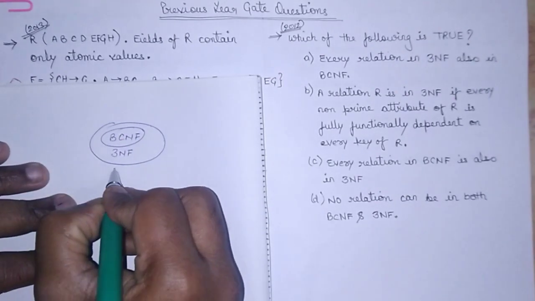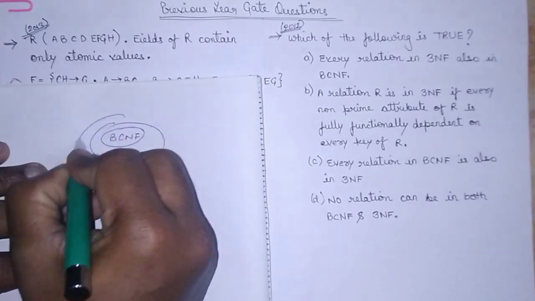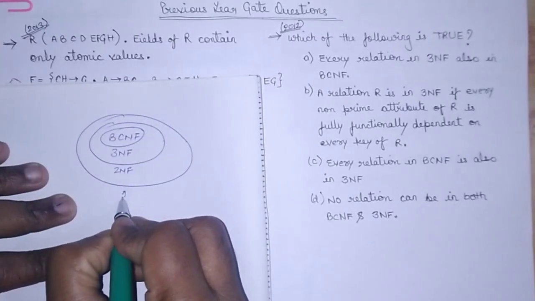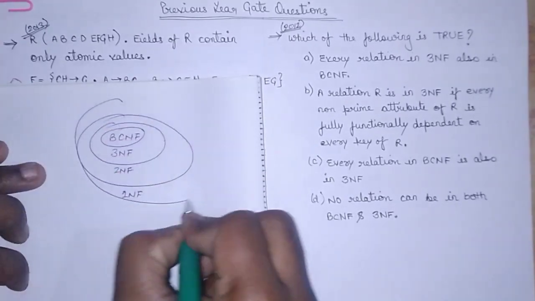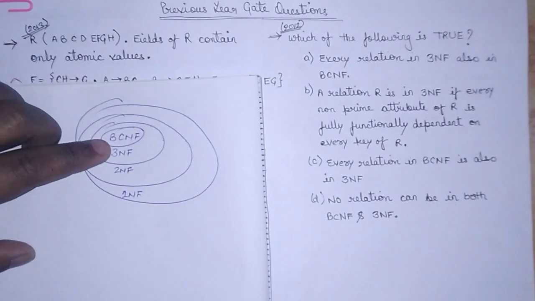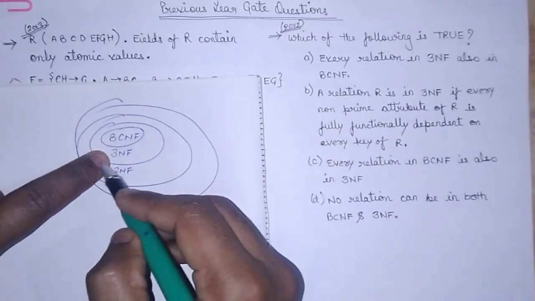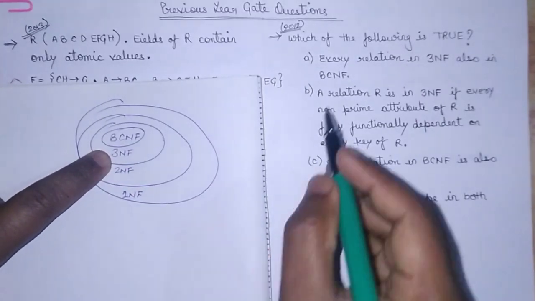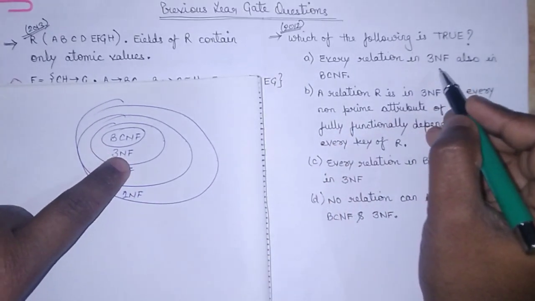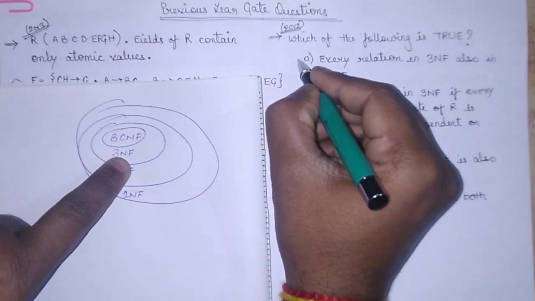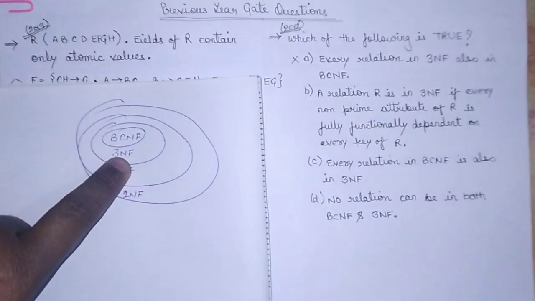If the relation is in 3NF, it is always in 2NF, and if the relation is in 2NF, it is always in 1NF. So the statement that every relation in 3NF is also in BCNF is false.